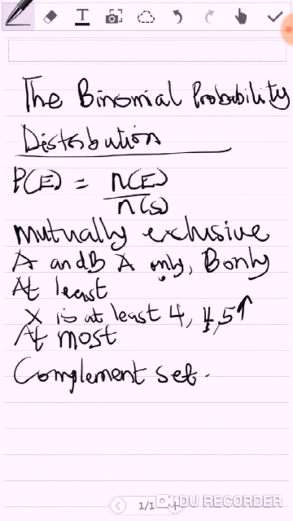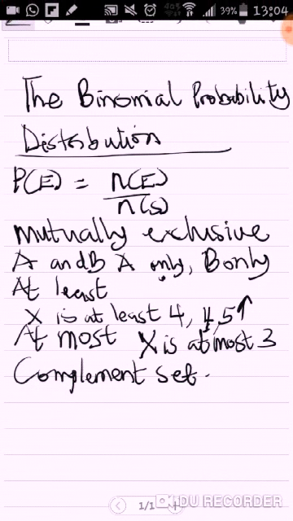Now let's go to at most. At most is, for example, X is at most 3. It means that the highest number of S is 3. So S starts from 0 or any other number up to 3. It doesn't exceed 3.